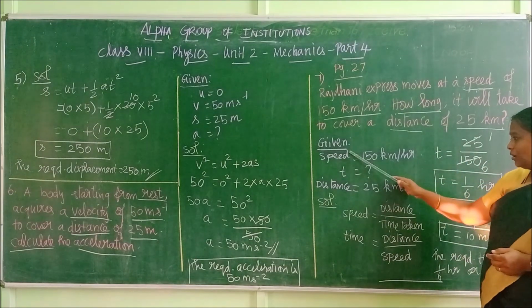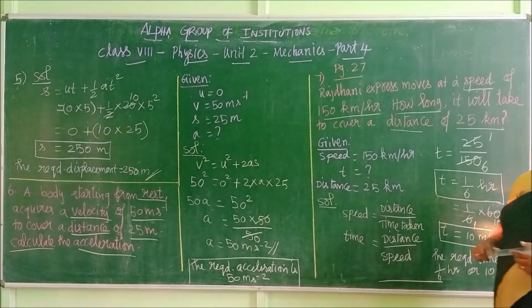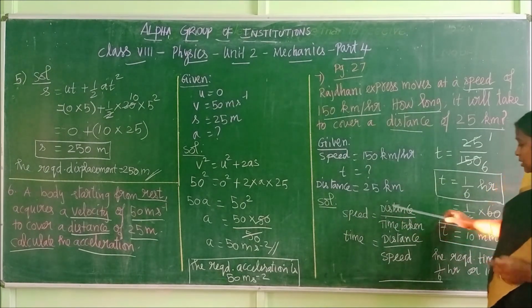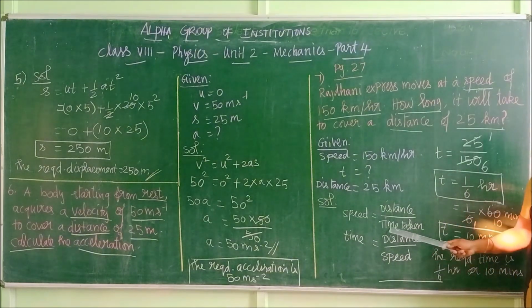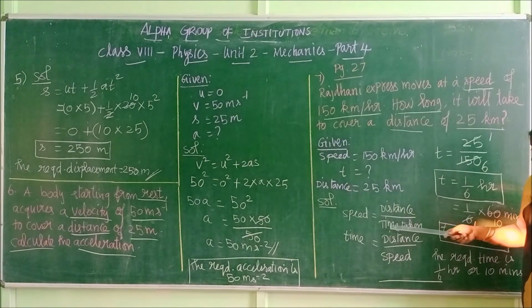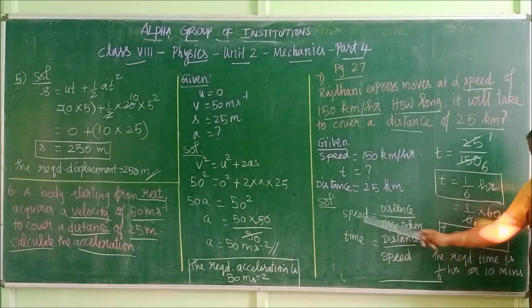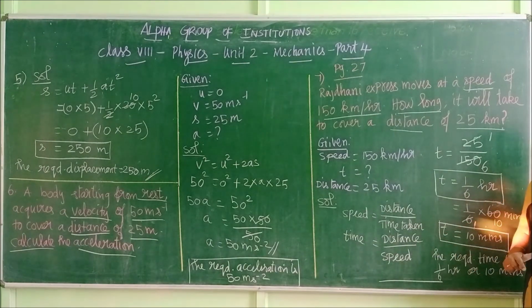So speed is given, distance is given, time is asked. So directly you can go with the formula. Speed is equal to distance by time. So here time only we need. So by cross multiplication, time will go here, speed will come down. So time is equal to distance by speed.